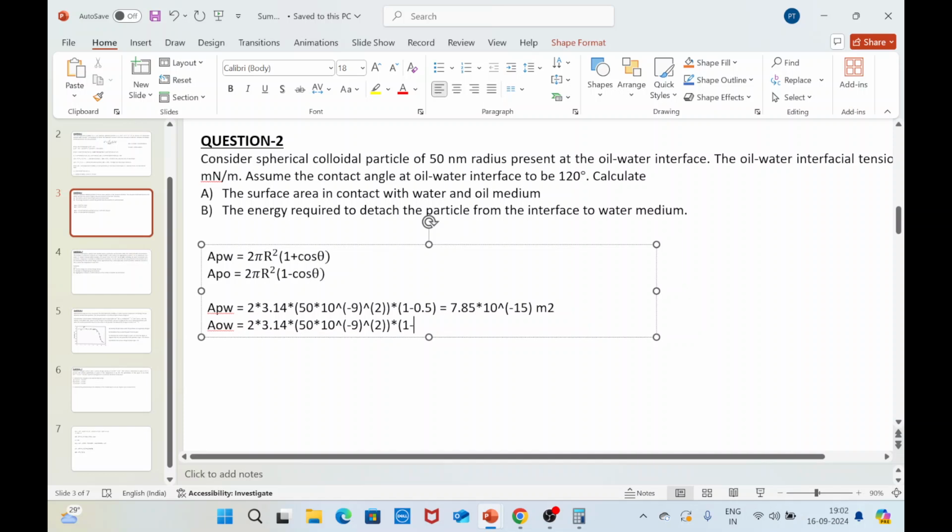So that will be like 1 minus of minus 0.5, so you can write that as 1 plus 0.5.